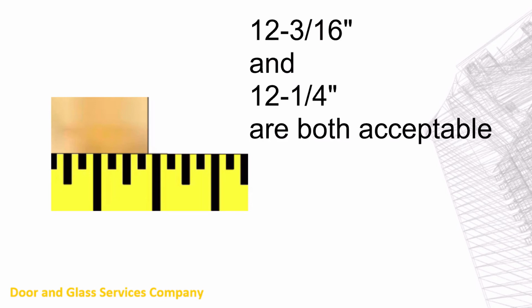Whenever this happens, it's important that we report the measurement to the nearest graduation marking. In this case, 12 and 3/16 and 12 and a quarter are both acceptable because they're both within the standard tolerance for measurement error, which at Dorian Class we take to be 1/16 of an inch.